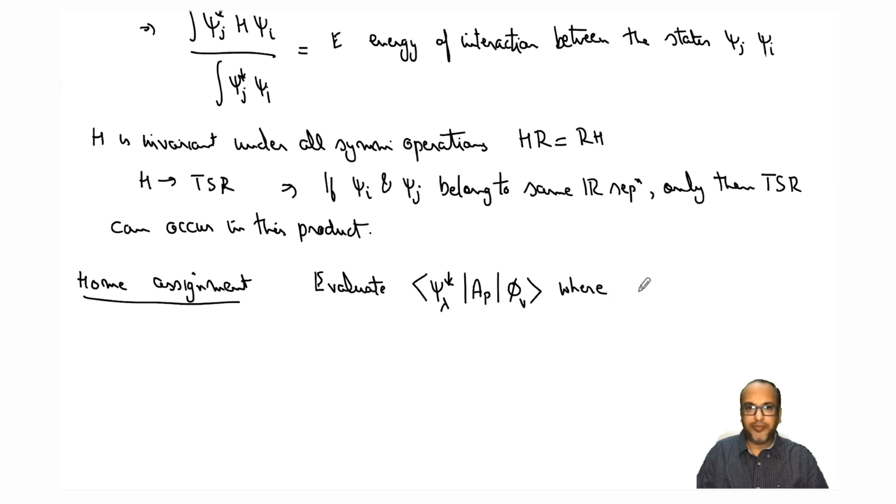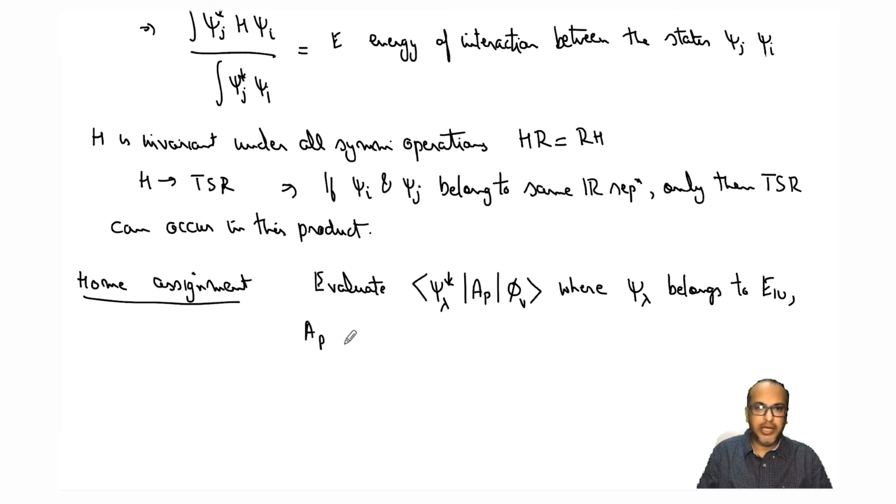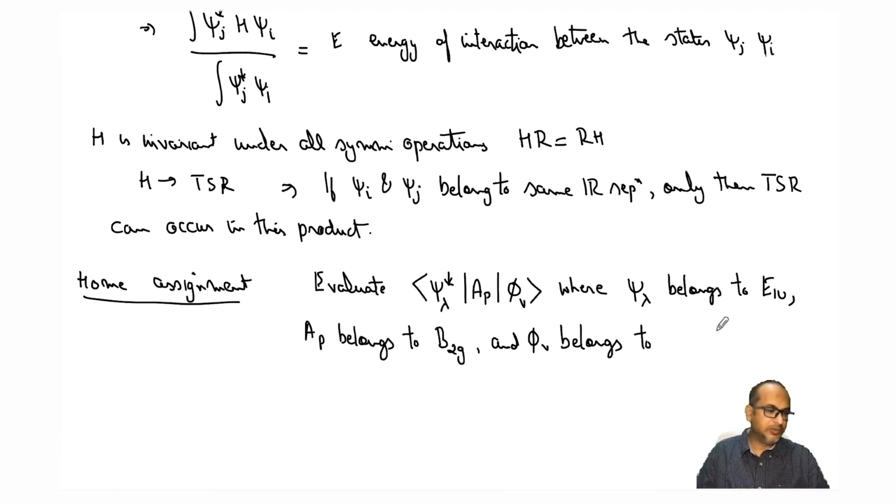Where psi lambda belongs to E1U, and AP belongs to B2G, and phi V belongs to B1G of the B6H point group.